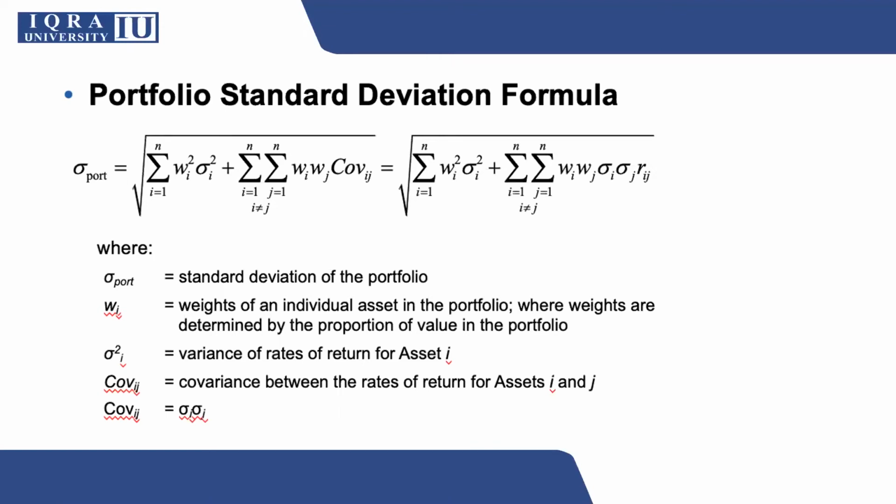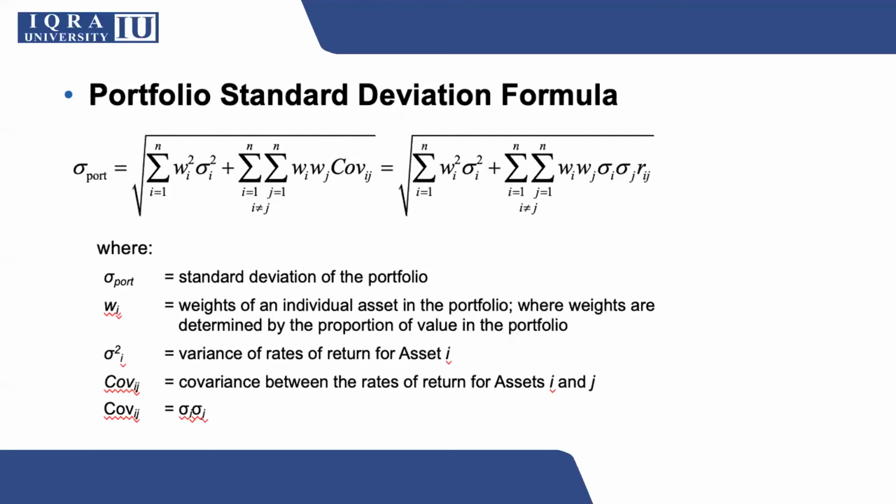Now look at the formula for calculation of the standard deviation of a portfolio. Here I am taking a two-security portfolio that will cover the entire concept of portfolio standard deviation. Later on, it's up to you how many securities you add in your portfolio plan. You will need the weight of investment in each security and its variance.